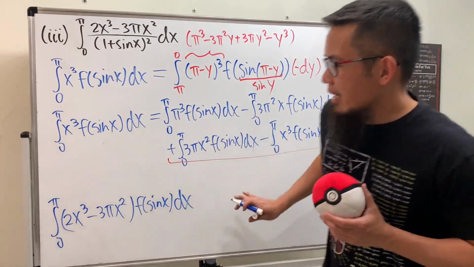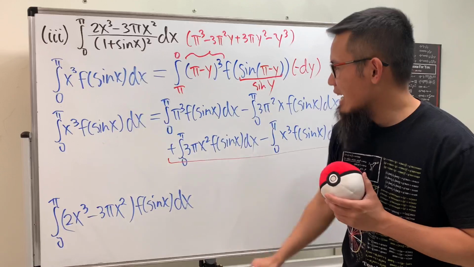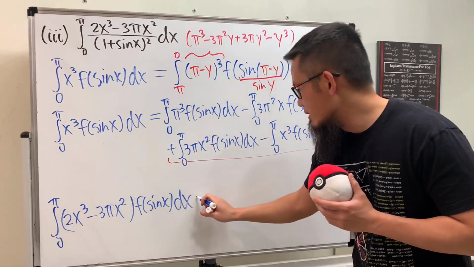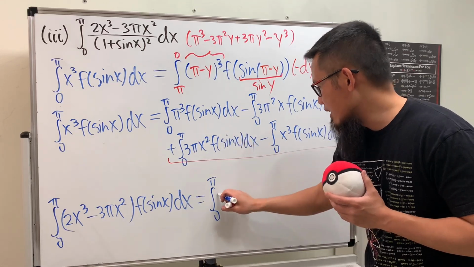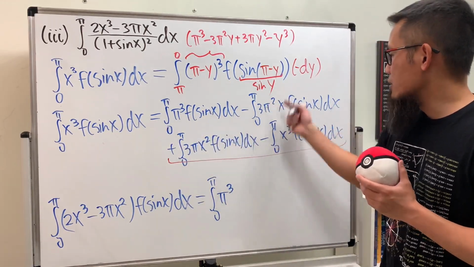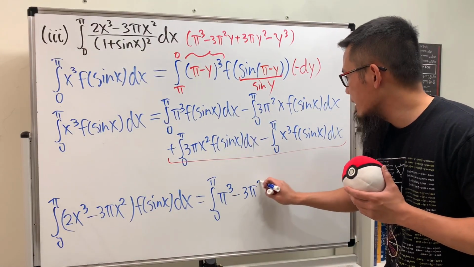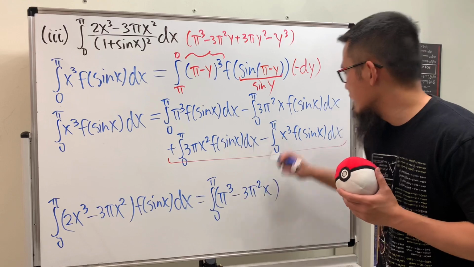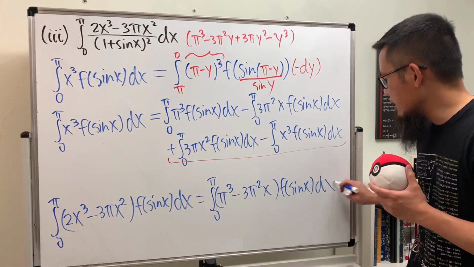Okay, this guy, this right here, is going to help us out with that. This guy is nicely equal to all that. So this is equal to the integral going from 0 to pi, all that stuff. So pi to the third power, and let me just put them together. We have the minus 3 pi squared x, and then times f of sine x dx.